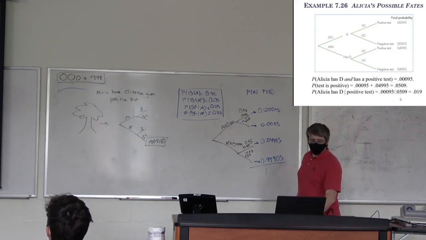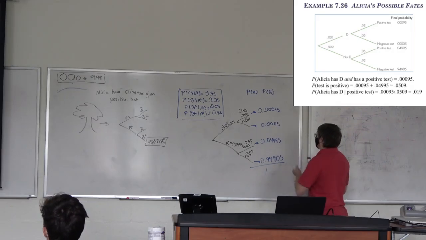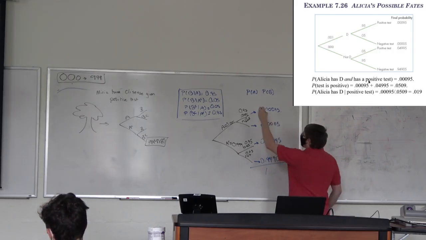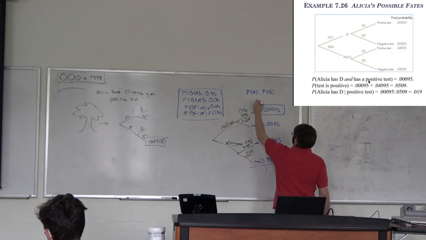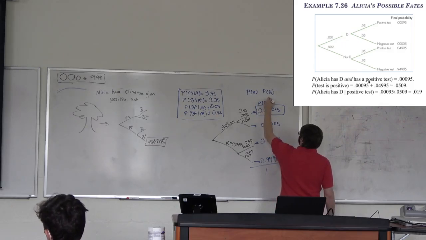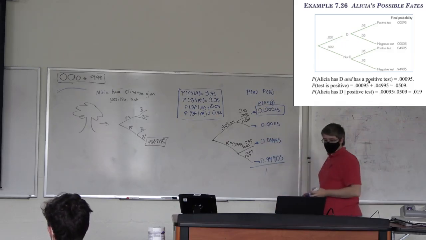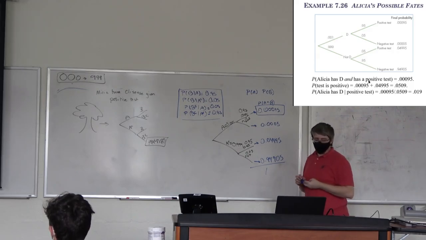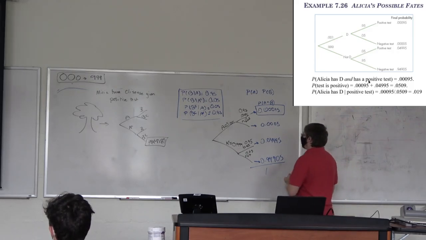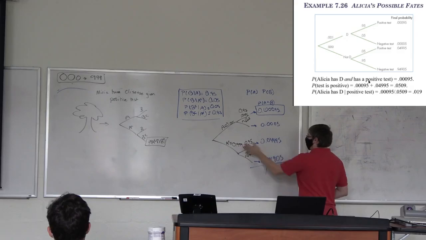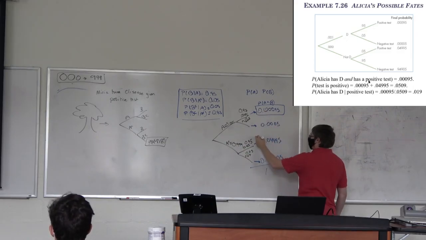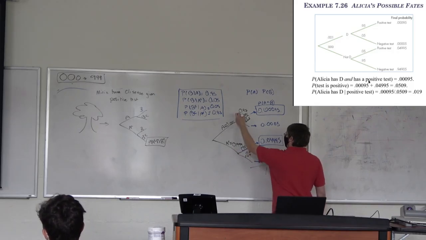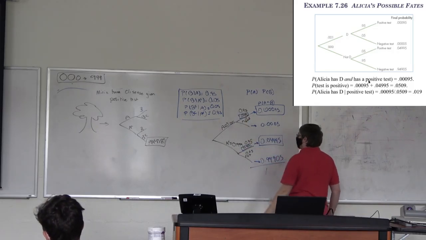So the probability that they have a disease and a positive test is this right here. This is the probability of A and B. And the probability that the test is positive, well, you can add up all the branches where the test is positive. You can add this one and this one right here, because you know you have positive down here, positive right here.